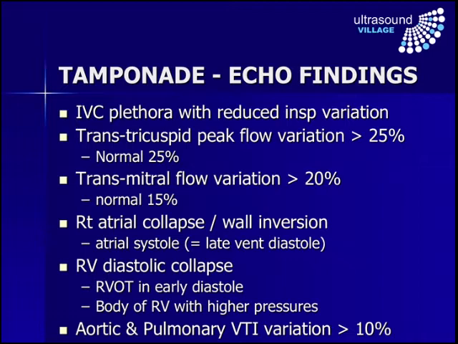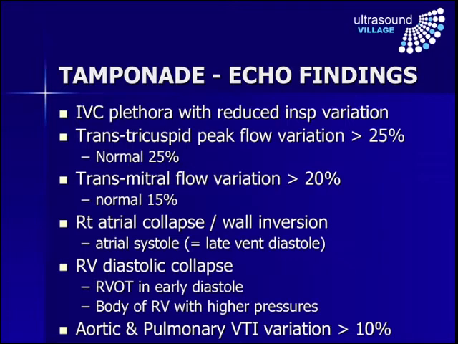It tends to occur in the right ventricular outflow tract, and then as the pericardial pressures increase, the actual body of the right ventricle can be seen to collapse. If we measure the aortic and pulmonary flows, there is more than 10% variation with respiration.